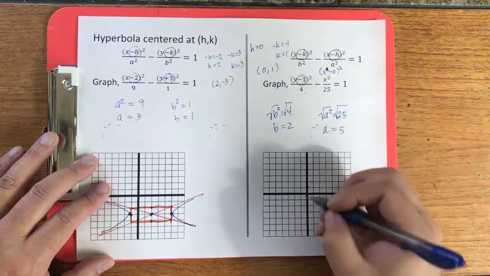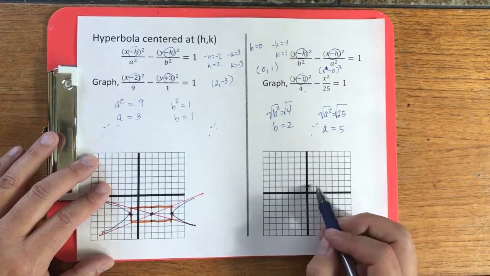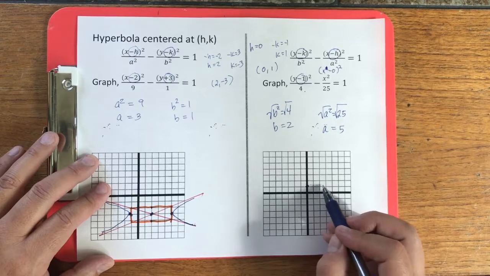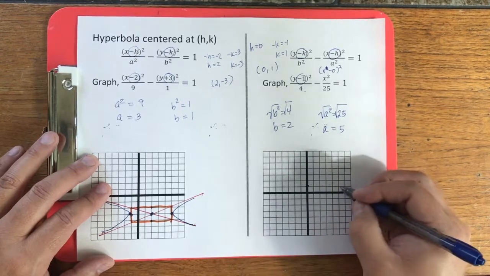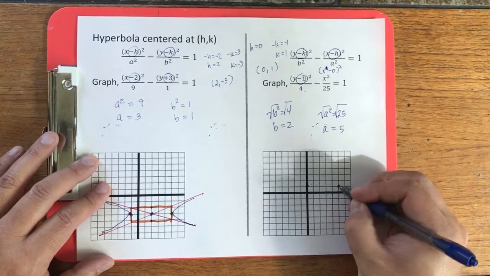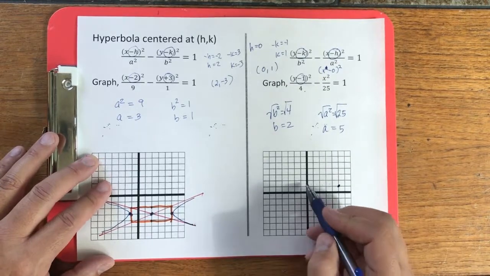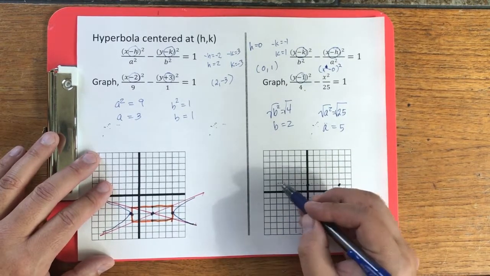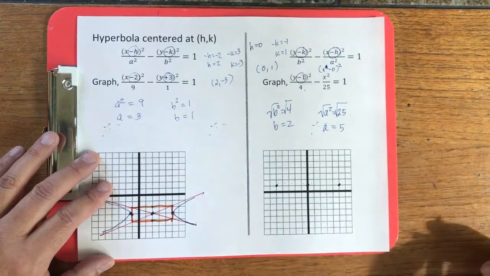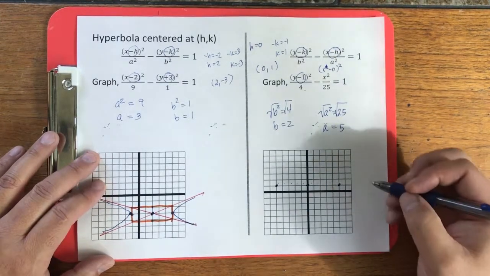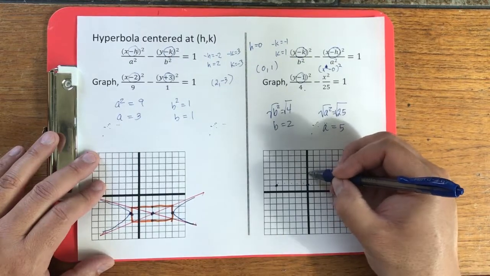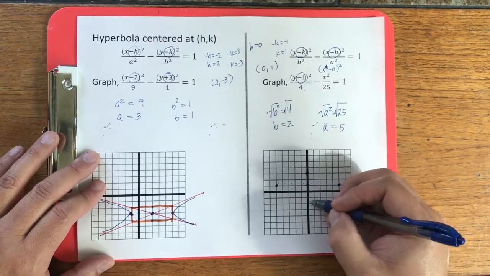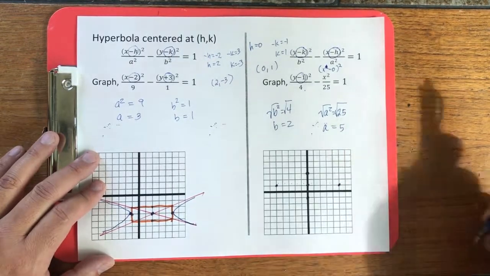So from the center, which is right here, I want to count 5 boxes. 1, 2, 3, 4, 5. All right, that's the edge of my rectangle. Then I want to count another 5 in the left direction. 1, 2, 3, 4, 5. And then I want to count 2 up for my b and 2 down for my b.